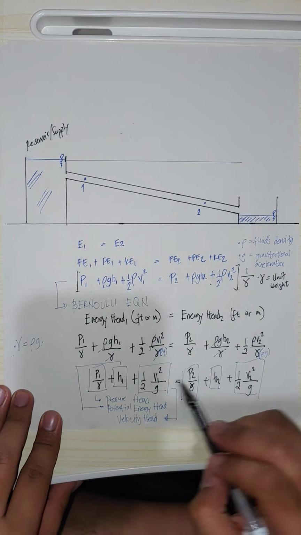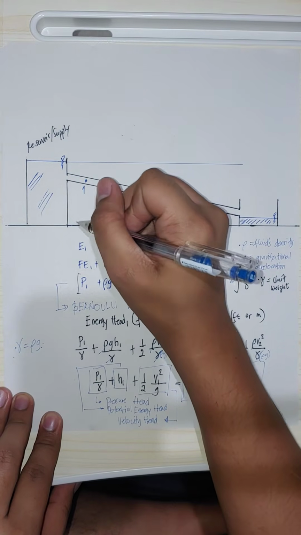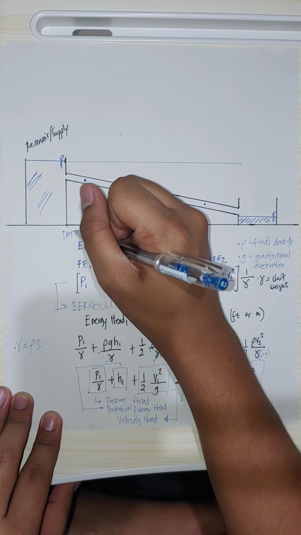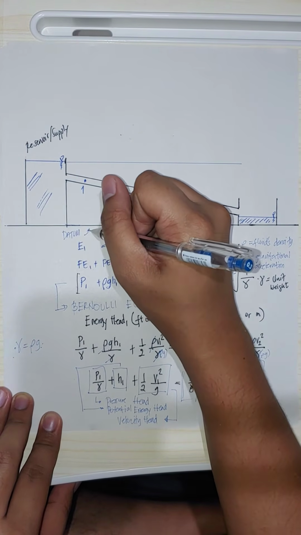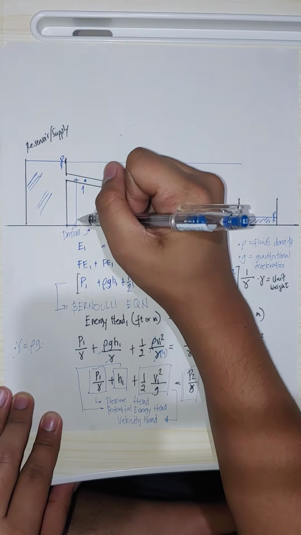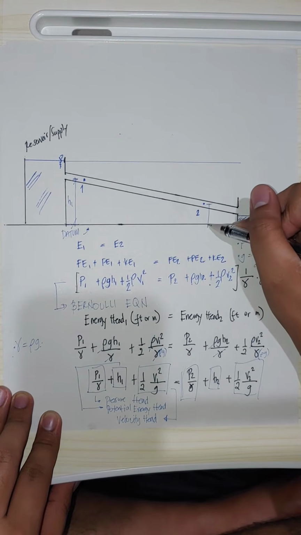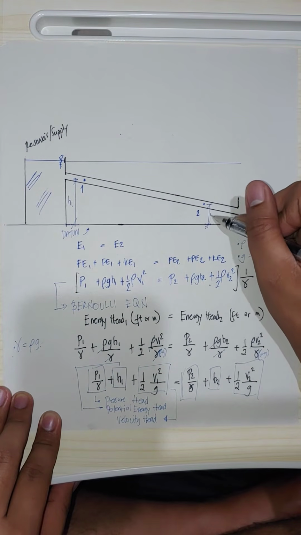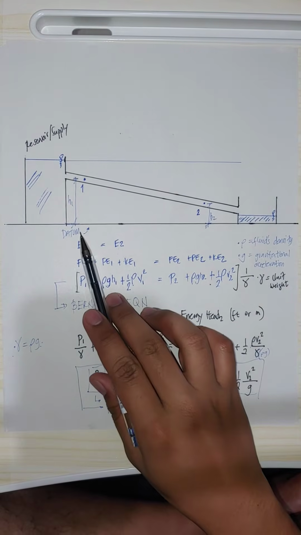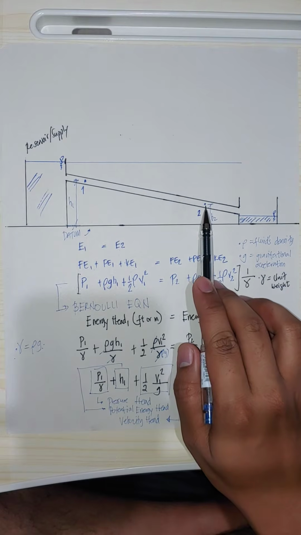So where are H1 and H2? Let's say this is our datum line. From here to there is H1, and from here to here is our H2. We can change the datum line; it can be from here or on this side.